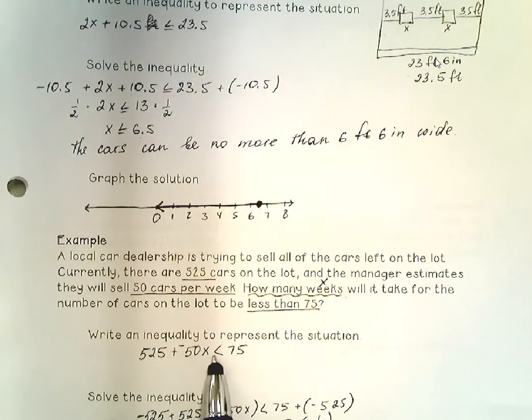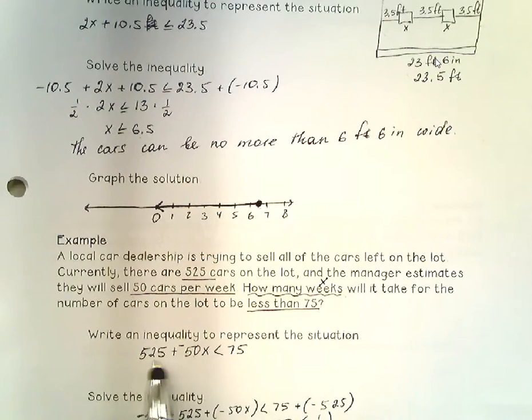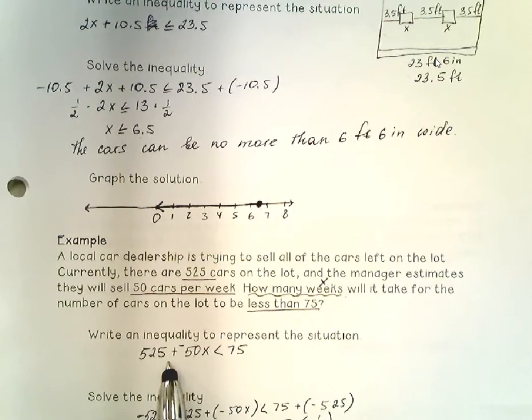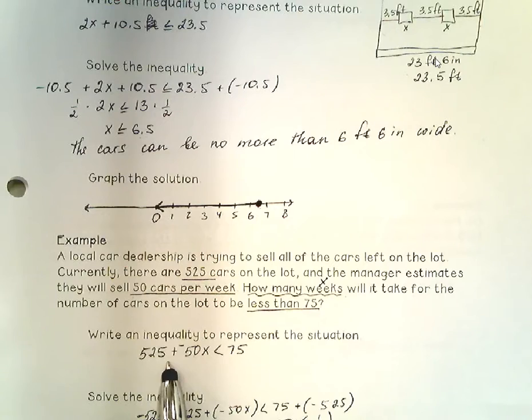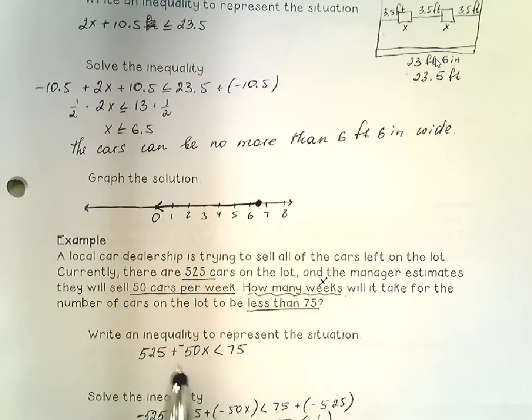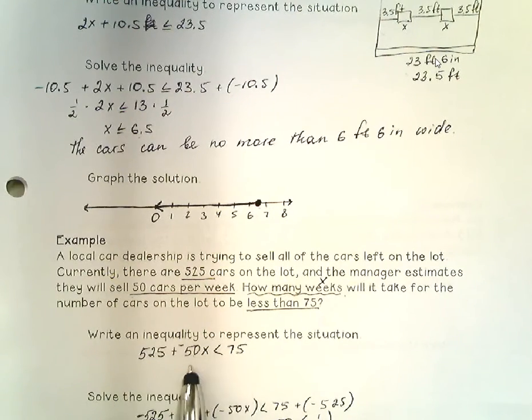Negative 50 times 9 is negative 450. 525 plus negative 450 has to be less than 75. But if I subtract these two, it will be 75. Can 75 be less than 75? No, that's how I know it's false.